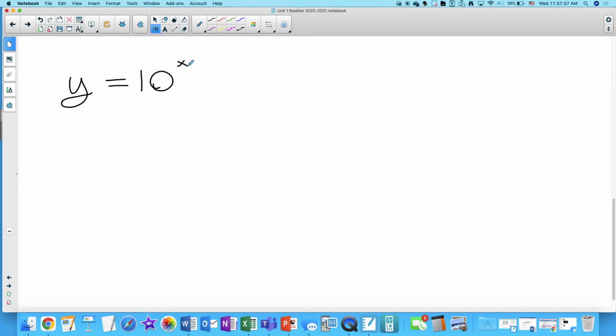You don't need to know that, but that's a thing. If you swap x and y, then the x is going to go there, so you're going to get x equals 10 to the y. So far so good? Now, what I want to do is take this and write it in logarithmic form. If I'm writing this in logarithmic form, what would the base of the logarithm be?